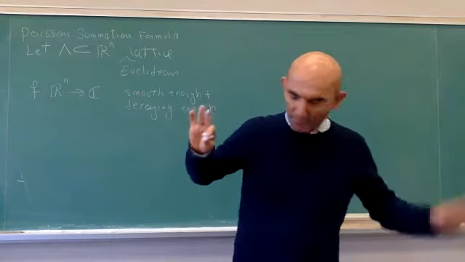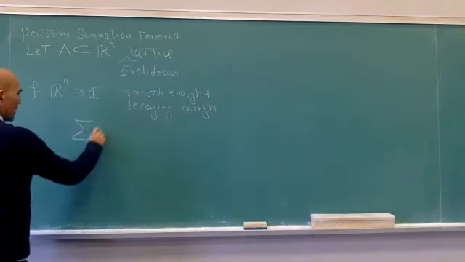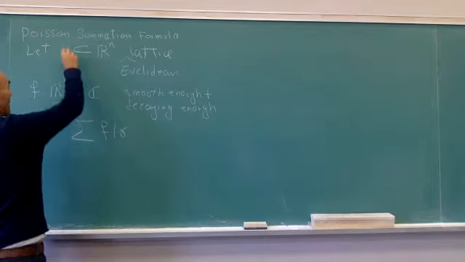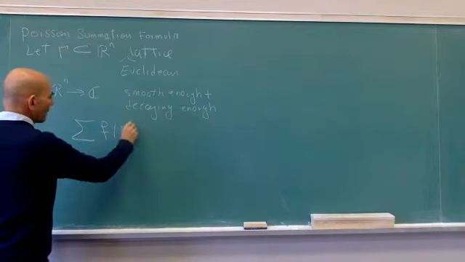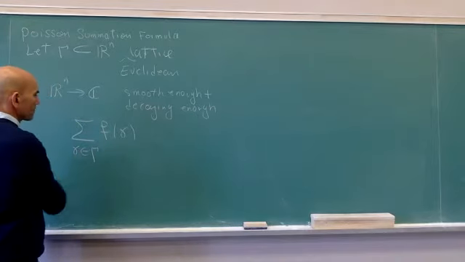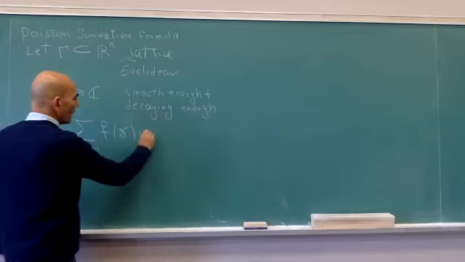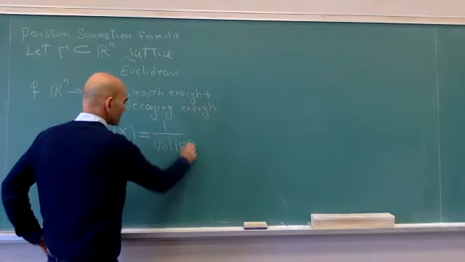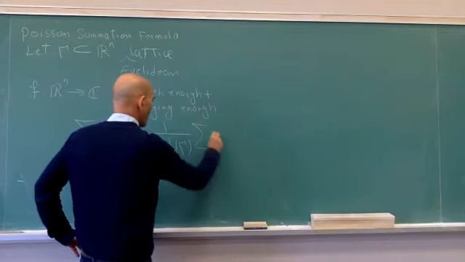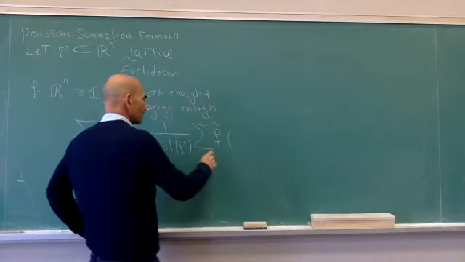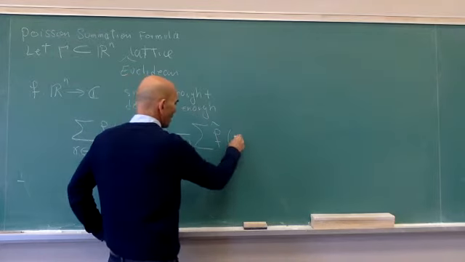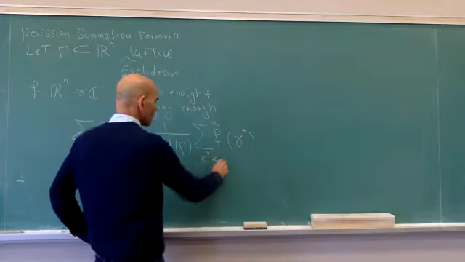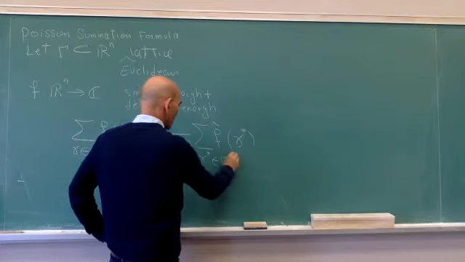We can show that the sum of values of f over this lattice, so I'm going to put gamma, sorry, gamma belonging to Gamma, this lattice sum is equal to 1 over, now this is important, the volume of Gamma, times the sum of f hat of gamma star, where gamma star belongs to Gamma star.